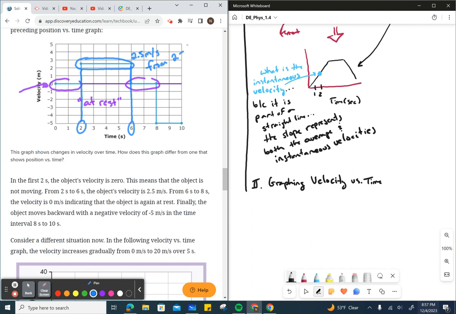So from 2 to 6 seconds, it's traveling at 2.5 meters per second. And then from seconds 8 to 10, it's actually got a negative 5. And what does that negative 5 signify? It actually signifies that the object is what? Moving backwards. Okay.